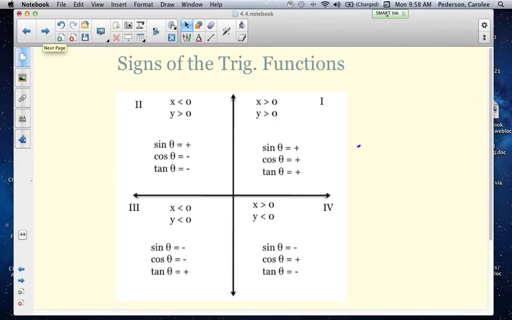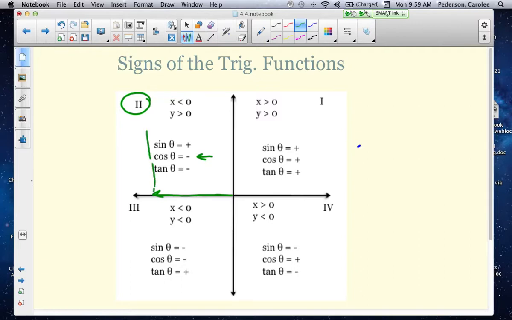If I look at quadrant 2, this means I'm going in a negative x direction, so my cosine is going to be negative, and then I'm going in a positive y direction, so my sine would be positive, like my angle is somewhere up in here. In quadrant 3, down here, I'm going to go in a negative x direction and a negative y direction.